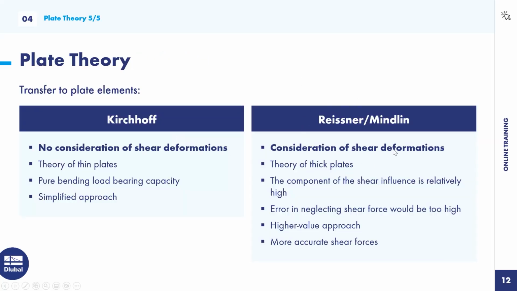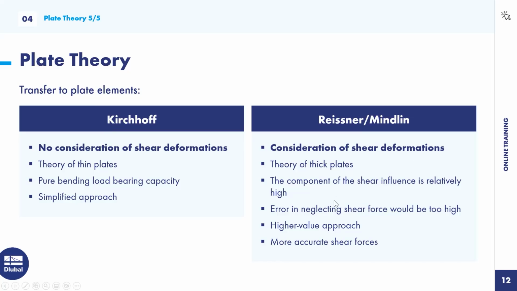Okay, so let's compare the Reisner-Mindlin theory. It's more the theory of thick plates, but you can use it for thin plates as well. I would use this always over the Kirchhoff.